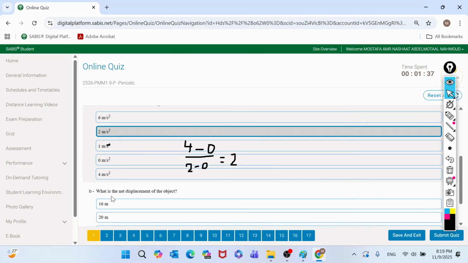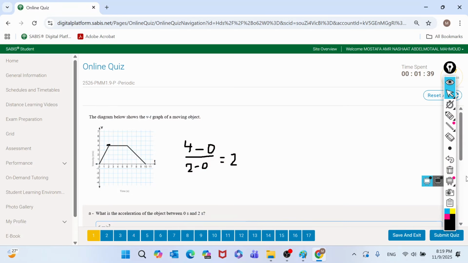And what's the next question? What is the net displacement of the object? Okay, net displacement, the area under the VT graph. If it was an XT graph, you'd have to cut each individual section and measure it by itself. But it's a VT graph, so it's just the area under the graph. So it's a trapezoid, so base 1 plus base 2 over 2 times height.